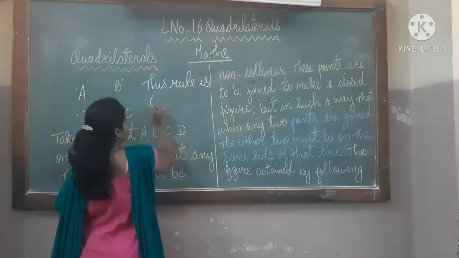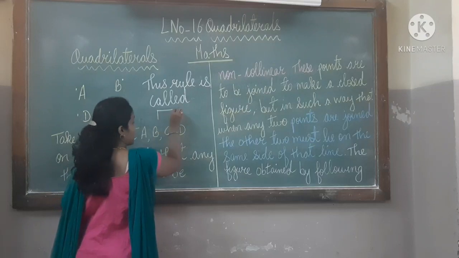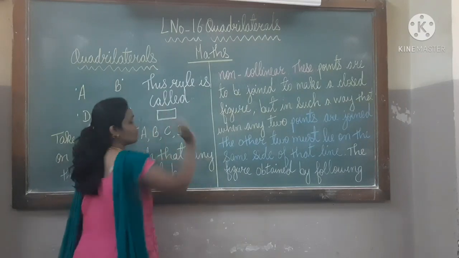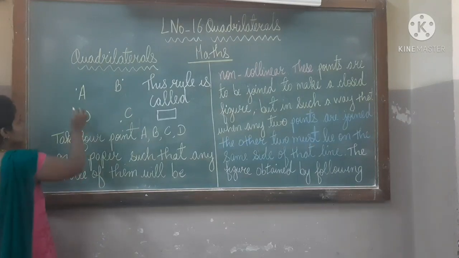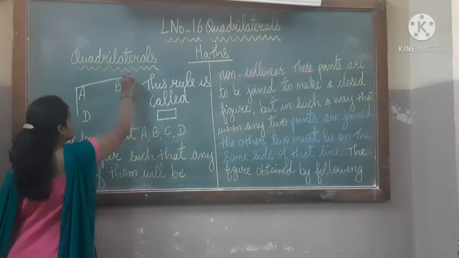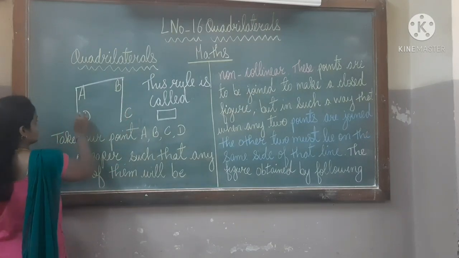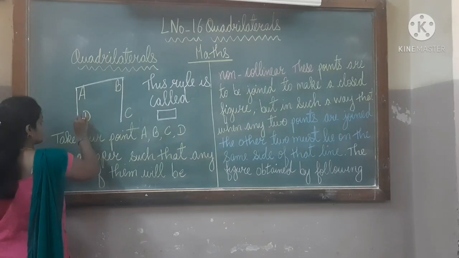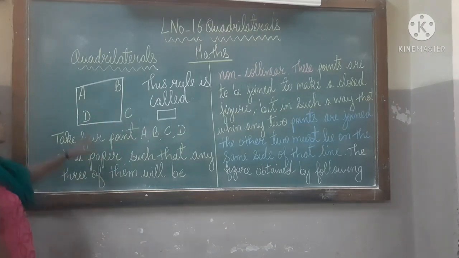is called a quadrilateral, and we use this symbol for the quadrilateral. So now I am going to join this figure. I have written the alphabet inside, outside.